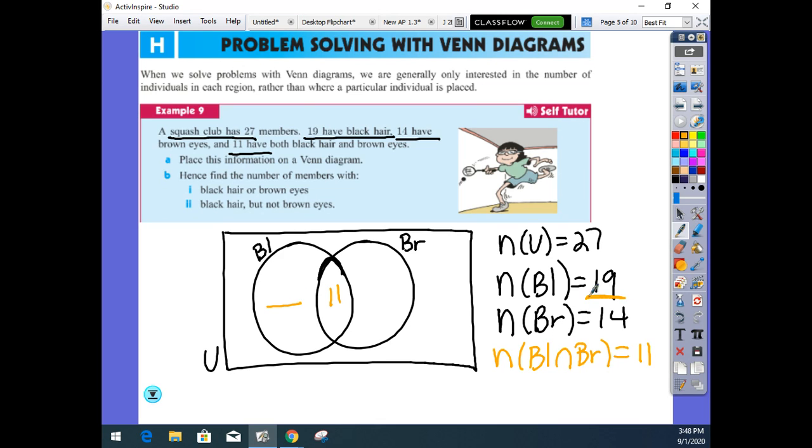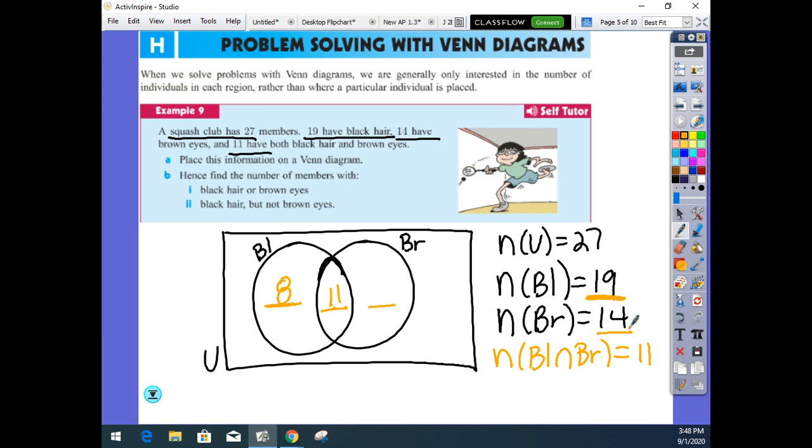If I have 19 total, that means this number plus this number equals my black. So this has to be 8, so that when I add everything in my black circle, I get a total of 19. So you'd always take your total number of black, subtract the intersection, and that's how much is on the outside. Same for brown.